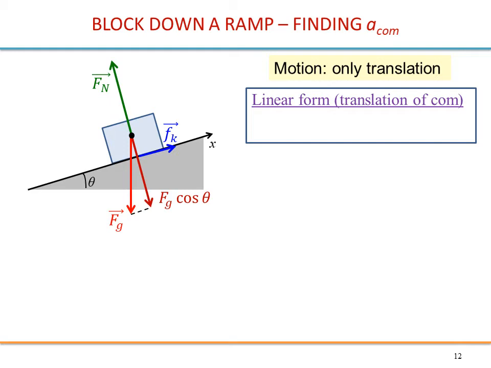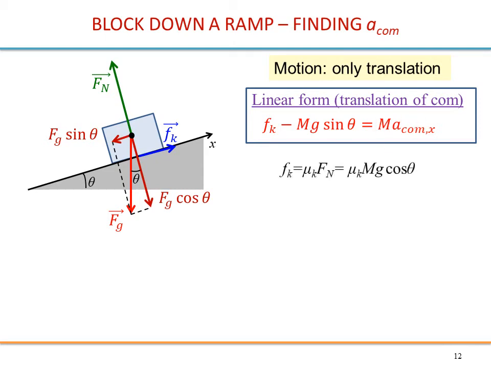Okay, so we can decompose the gravity into two orthogonal forces like this, and we can write the linear form of Newton's second law. So x is oriented positive upwards, so we have F_k positive and minus mg sine theta, equals ma. F_k can be expressed in this way.